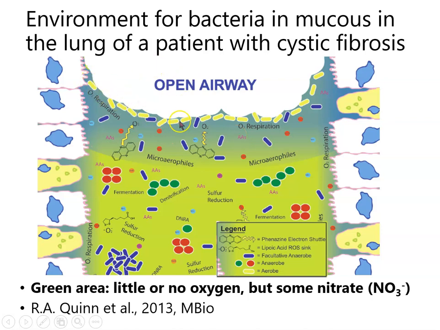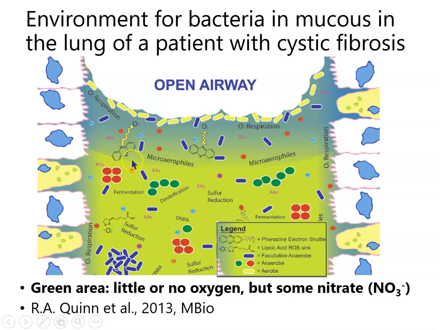Bacteria here on the edge get a constant supply of oxygen from the air, but they use it, and it doesn't get down here. So you have a layer of possible microaerophiles growing just under there, and then other things.